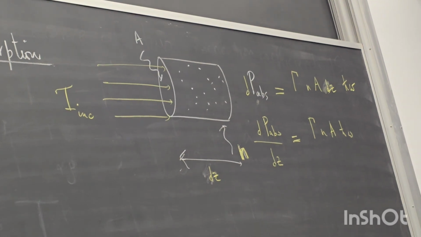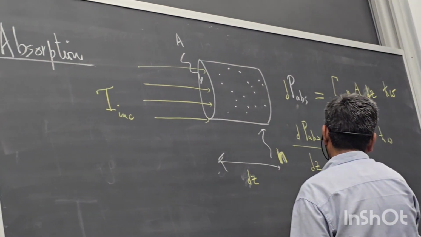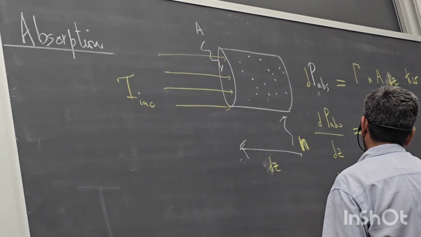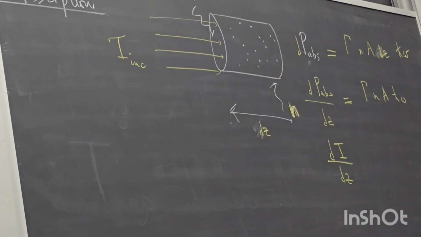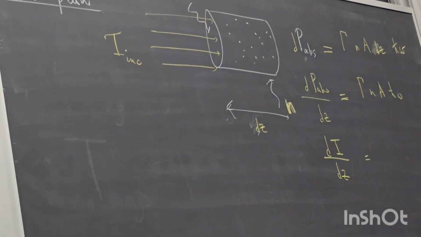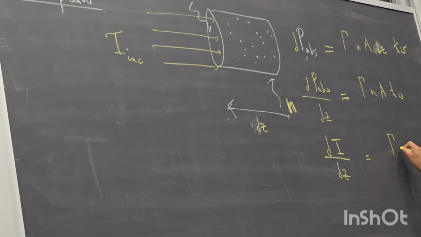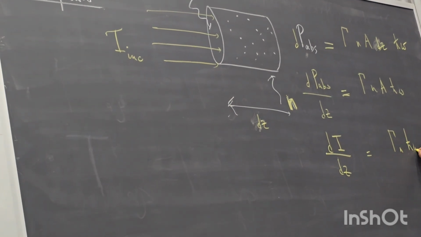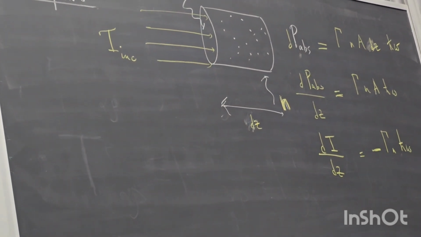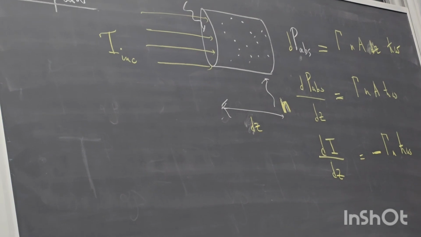So the loss in intensity, dI over dZ, will be this thing divided by the cross-sectional area, with a minus sign, because this is a drop in intensity.